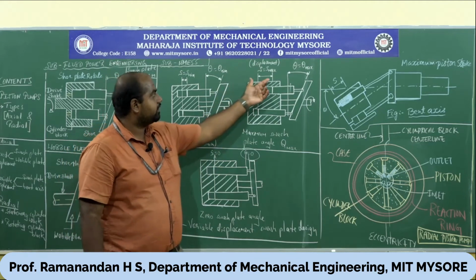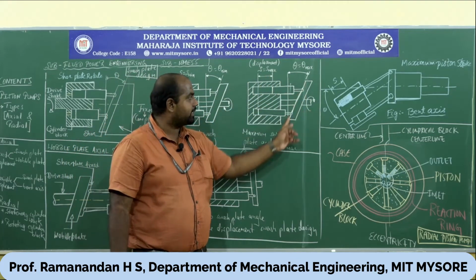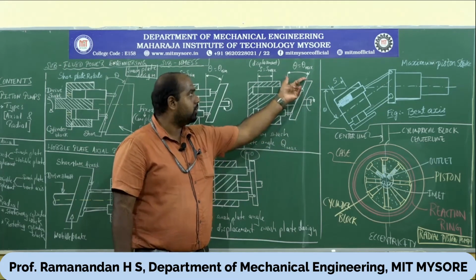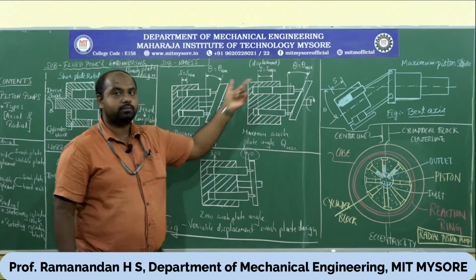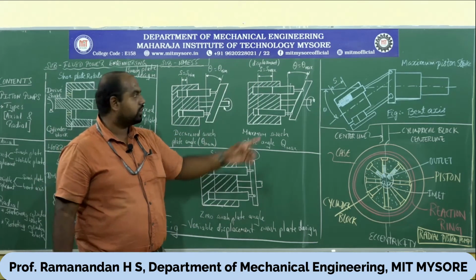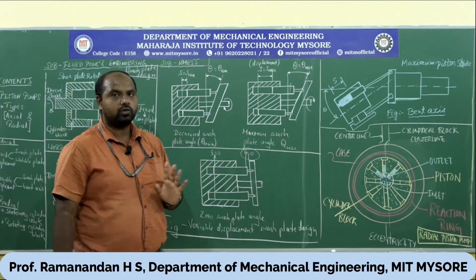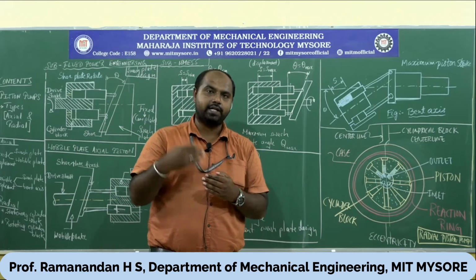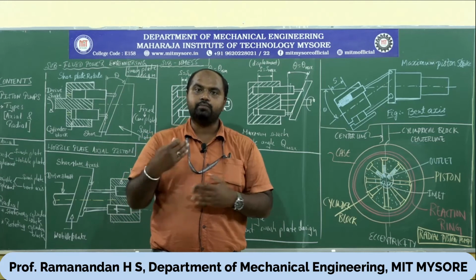Similarly, if you keep theta maximum, the angle between the swash plate and the cylinder maximum, obviously the stroke length or displacement of the piston is more, so the discharge is also more here. So this is the influence of swash plate angle on displacement.